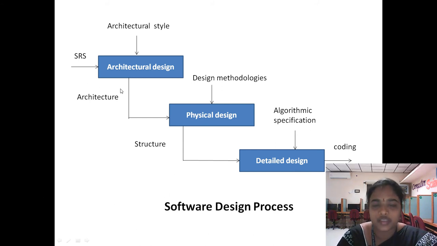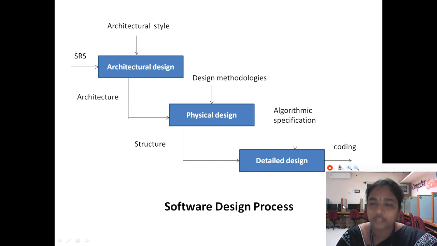So, we have 3 phases: architectural phase, physical phase and detailed design phase. In the architectural phase we are going to design the external behavior of the system, in the physical design phase we are going to develop the conceptual view of the system or project, and in detailed design we are going to develop algorithms for the entire system.